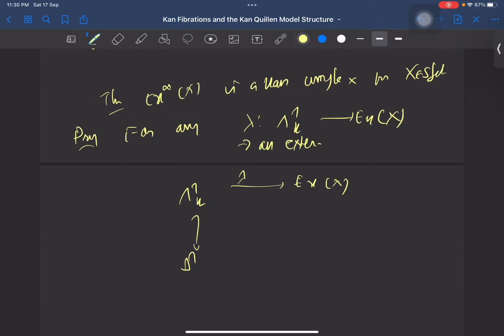This is obvious, you can basically extend the horn to the standard n-simplex. Again, I won't prove it: you can prove that the X infinity functor preserves fibrations, finite limits, and zero simplices.